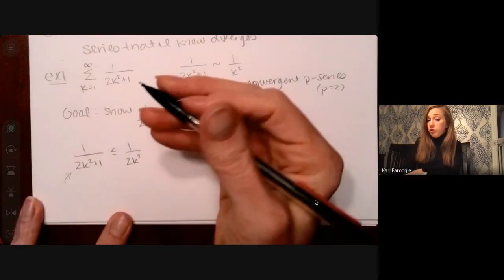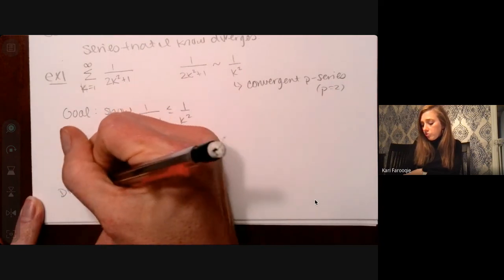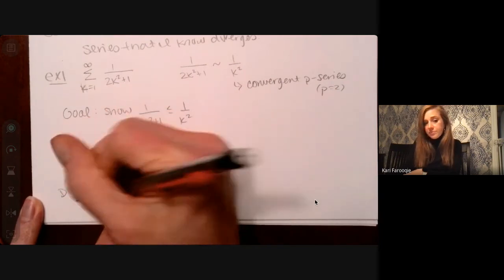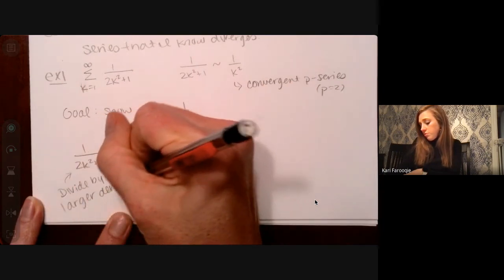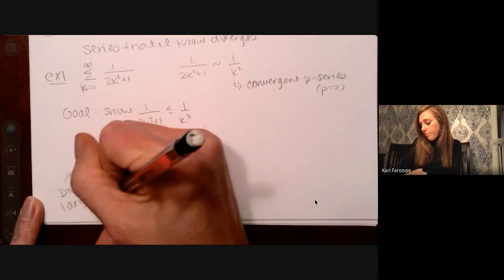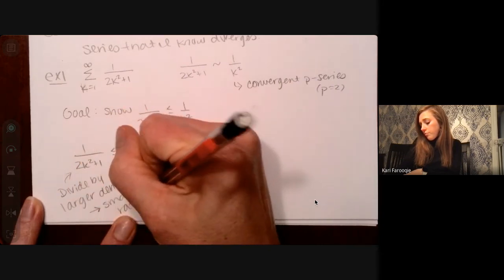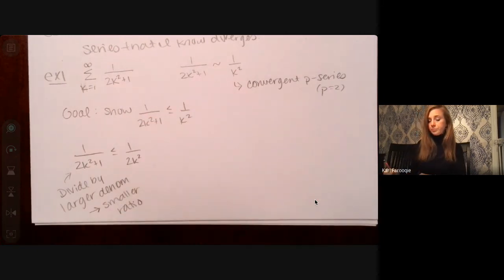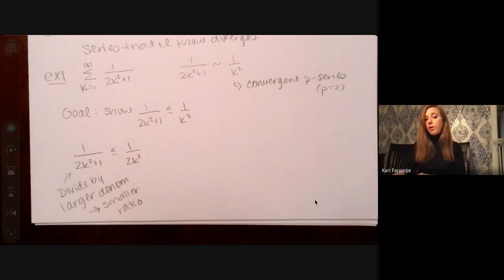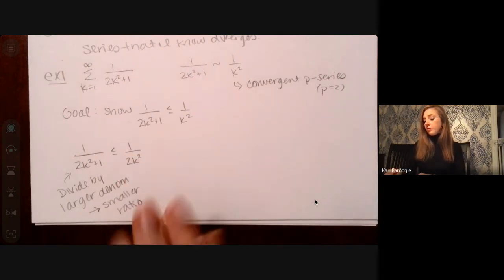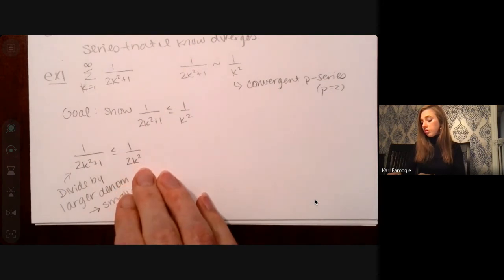Okay, so when you take the same numerator and you divide by a larger denominator, then you're going to have a smaller ratio. Okay, so this is true. Now, the problem occurs when I try to make this leap.